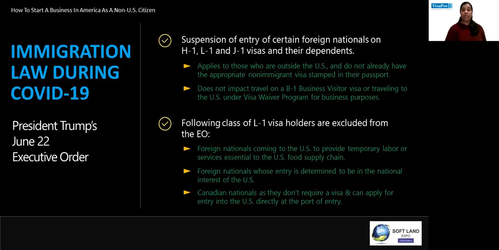Finally, Canadian nationals are also exempt from the proclamation, restricting the entry of L workers, as they don't require a visa and can apply for entry into the US directly at the port of entry.